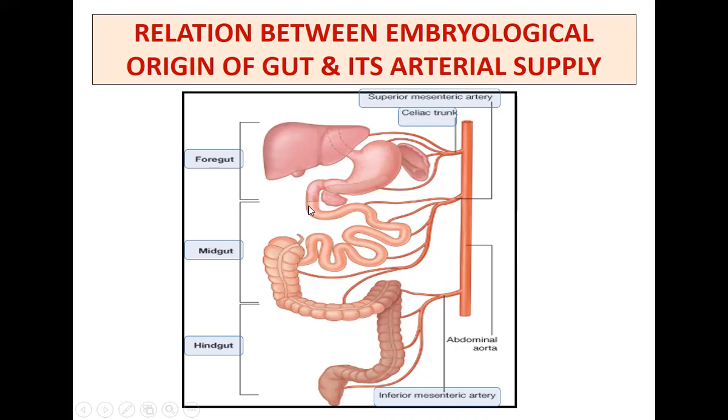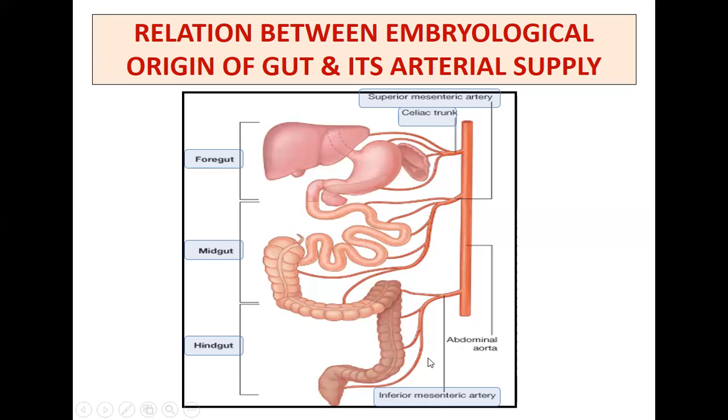So most of the small intestine, beginning from the second part of duodenum all the way to the jejunum and ileum, as well as the ascending colon and part of the transverse colon, are all developed from the midgut. So it is supplied by the superior mesenteric artery. Then the remaining part is developed from the hindgut, so it is supplied by the inferior mesenteric artery.